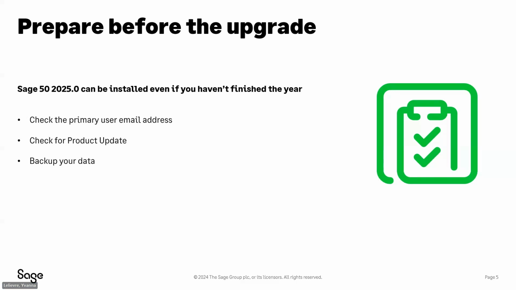So as you may have noticed, even if you're not using any cloud features in the software, for security purposes you were requested to add a primary email address in it. This email address is requested during the update, so you need to make sure you check which email is used as the primary one in the file. You will also have to check that the update is ready to be installed, and you will need to back up your data.